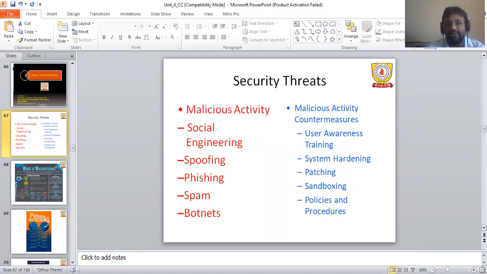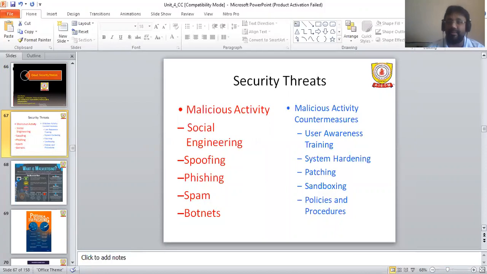So when we compare this table, for malicious activities we should have some countermeasures. And in social engineering, if some threats happen, we have user awareness training programs, which is part of higher management deploying awareness training for their employees.